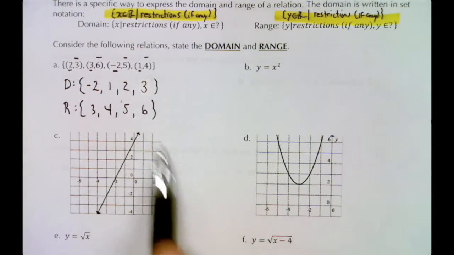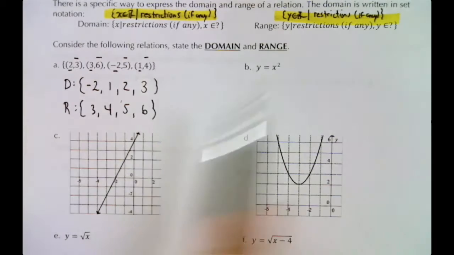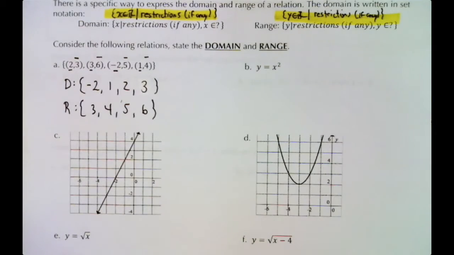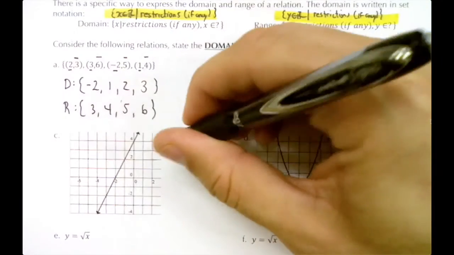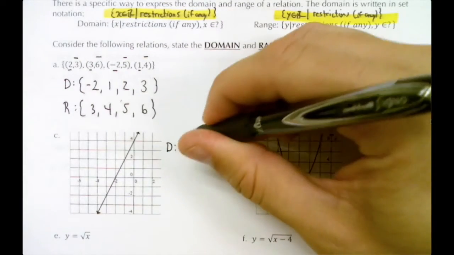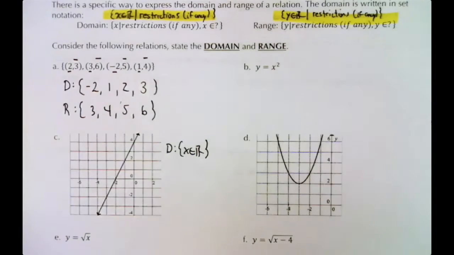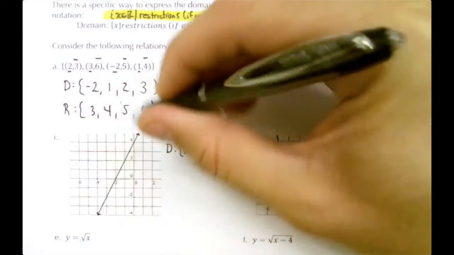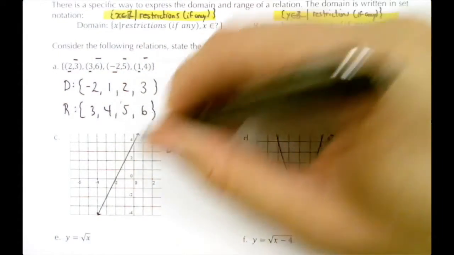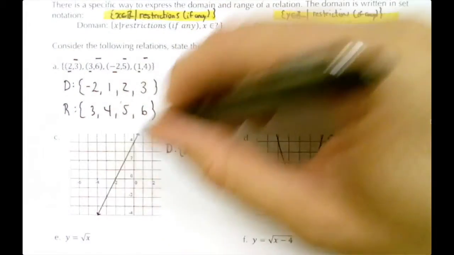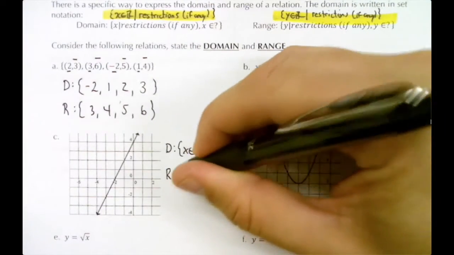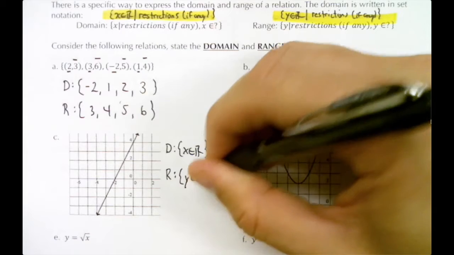There's no value of x that this line is not going to take if we continue the graph. So we would just say for domain, x belongs to real, and we wouldn't list any restrictions because there are no restrictions. For our range, we're looking at our y's, and since the relationship goes all the way up and all the way down and covers everything in between, our range is just y belongs to real.